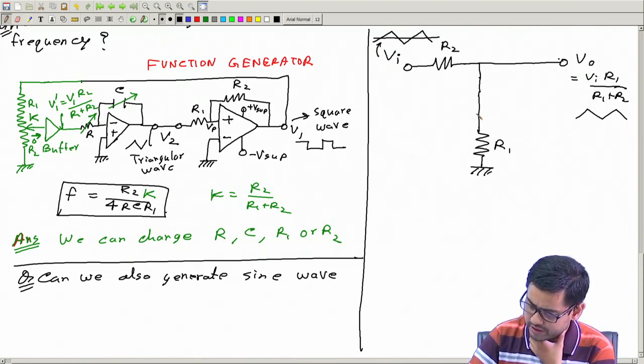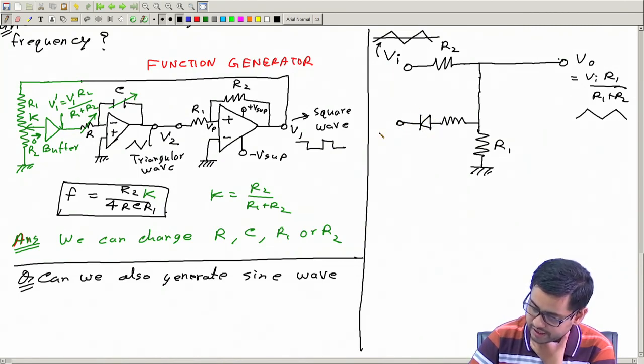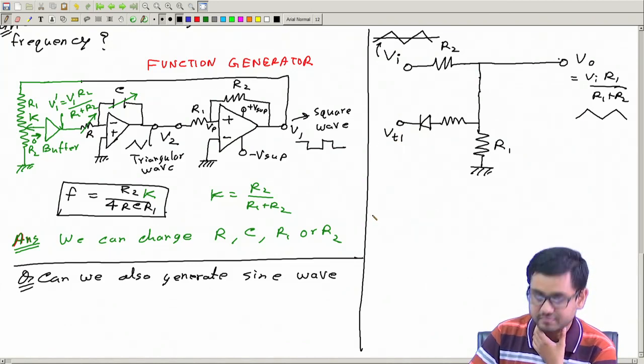What I shall do is this, say I'll connect a resistance and a diode, and here I will give say a voltage, call it VT1, right.